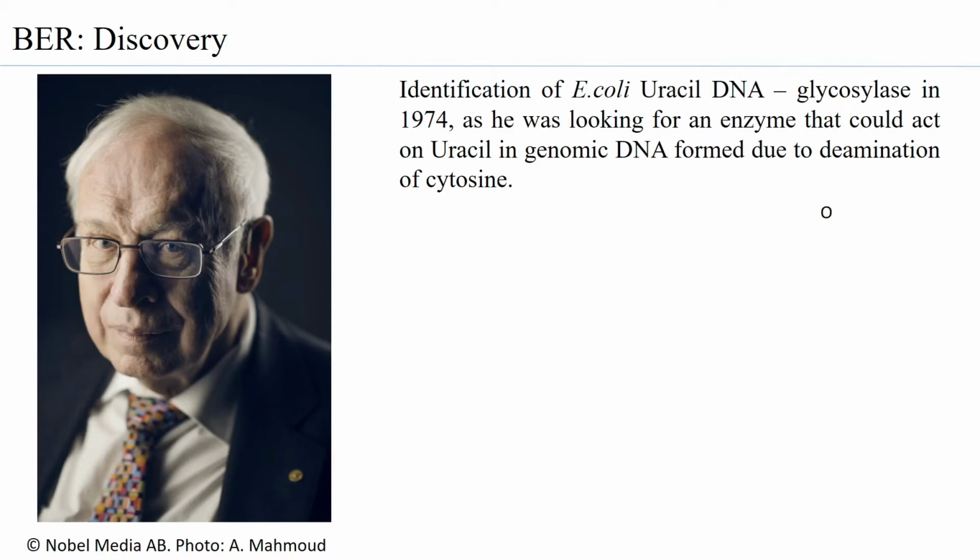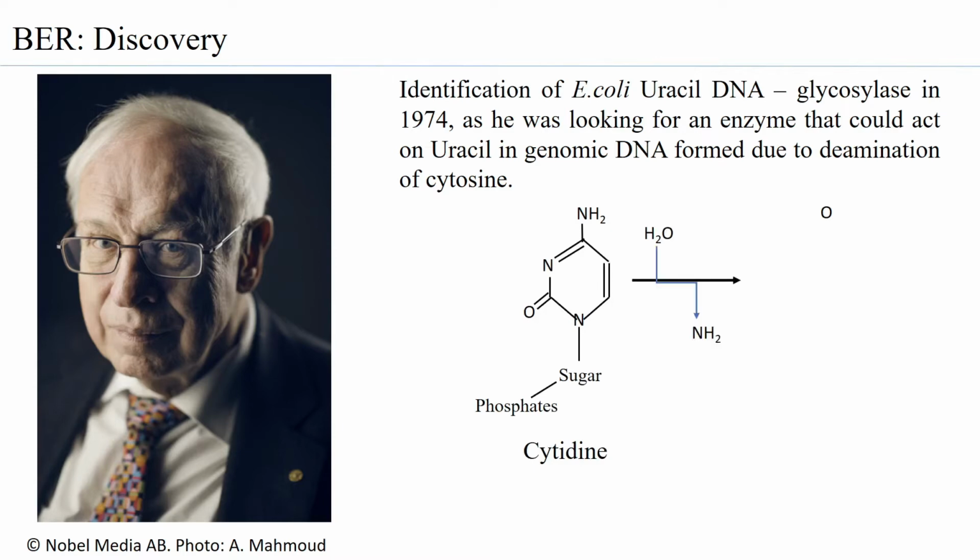He was expecting it to be a nuclease, but what turned out to be was a uracil DNA glycosylase. So the understanding is this, that a cytidine on hydrolysis gives rise to a uridine, and this uridine is an abnormal base in the DNA which should be removed, and it is removed by the base excision repair.